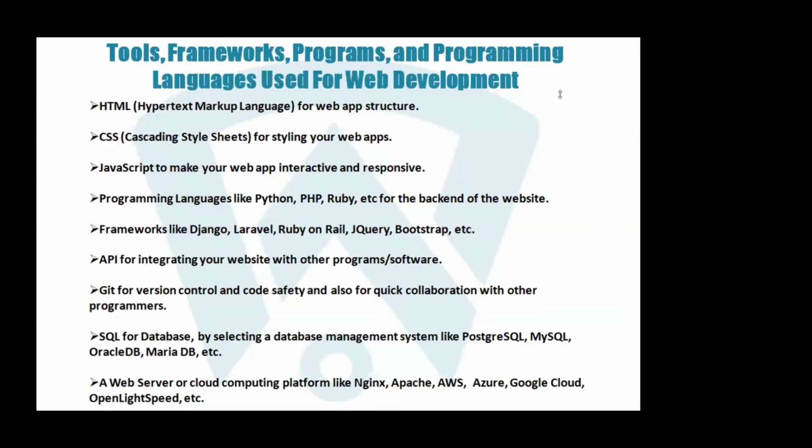Now, multiple people can work on a particular project using Git and GitHub. You can collaborate with other people. We call it Git for version control and code safety, because it stores those codes for you, and also for quick collaboration with other programmers. So that is Git and version control.